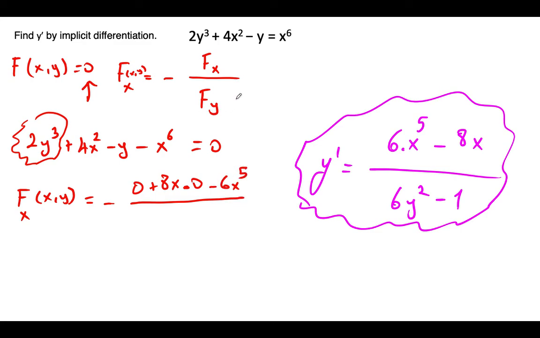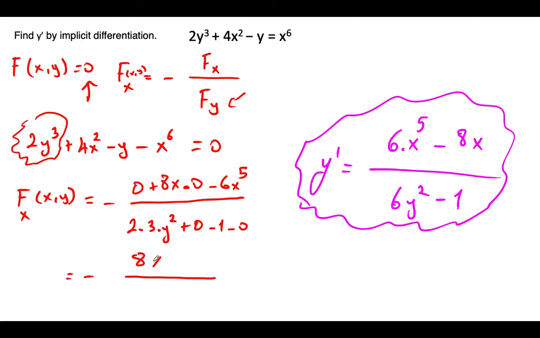And then when I look at the denominator, everything other than y will be constant. So 2y cubed derivative is 2 times 3 times y squared, plus 4x squared is, since it's a constant, 0. And y derivative is just 1, and x to 6 is constant, so it will be 0. So the result will be negative.